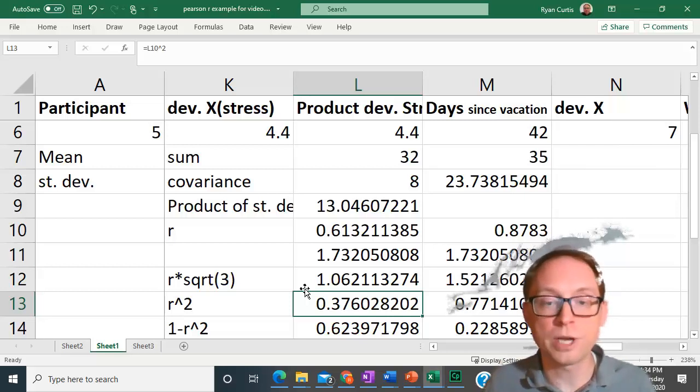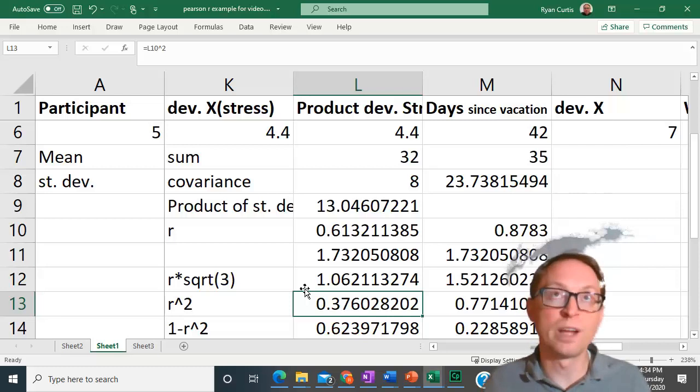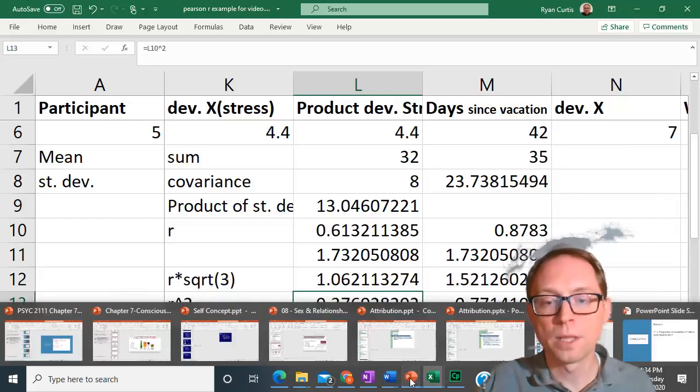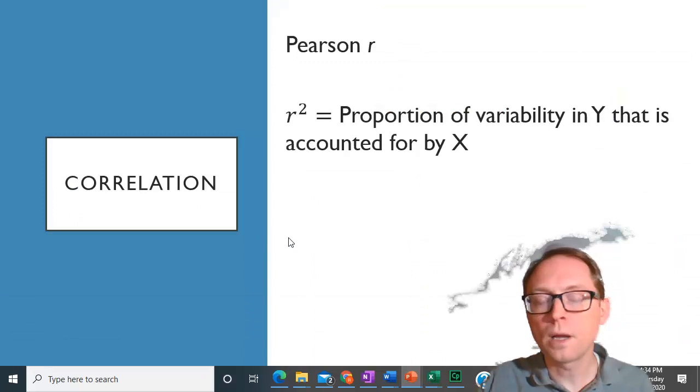But in this case, that much of what changes your stress level is how long it's been since you had a vacation, at least the variance of it, right? So I need you to understand what R squared means. Okay, let's go ahead and do a couple of review questions.